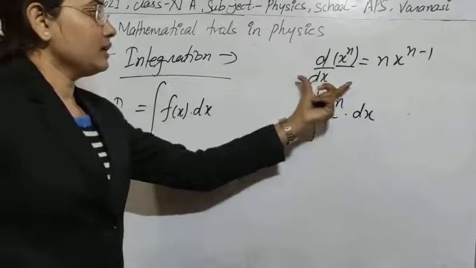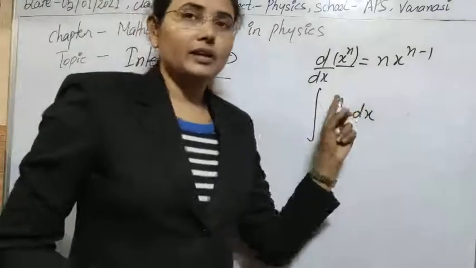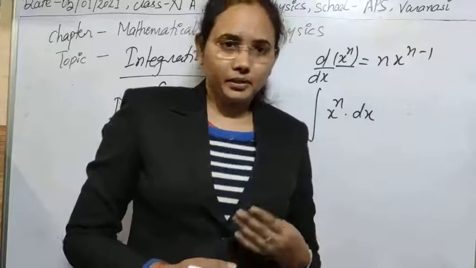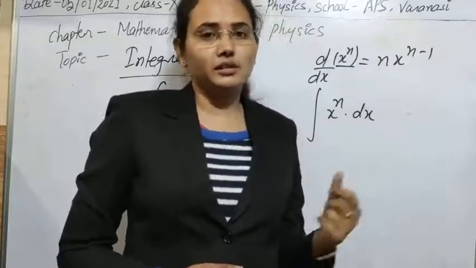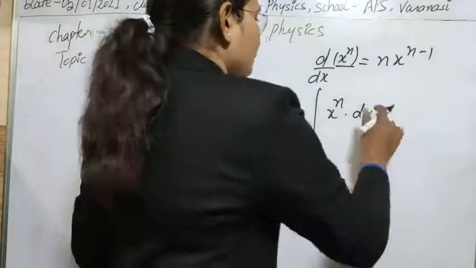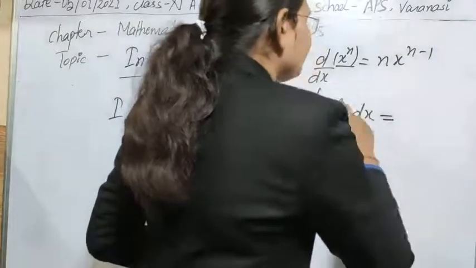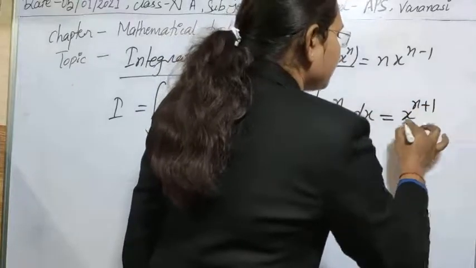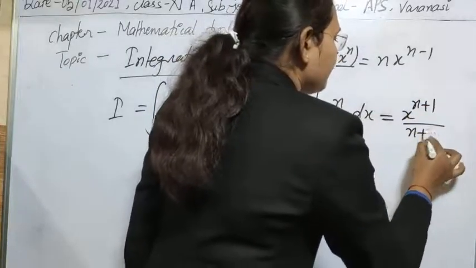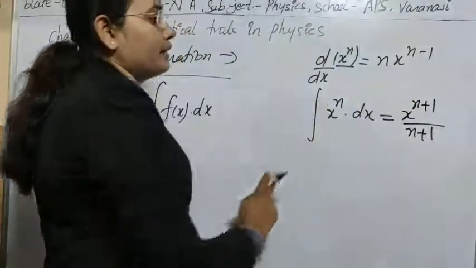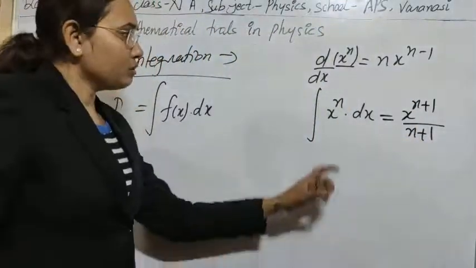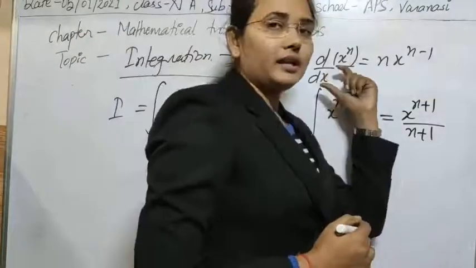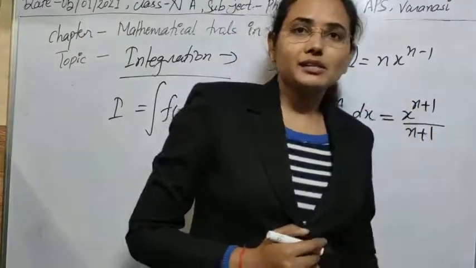Now see what the formula is. One by one I will take the formulas and tell you some problems based on them so that you can understand. The formula is x^(n+1) upon n+1. This is the formula for the integration of x^n.